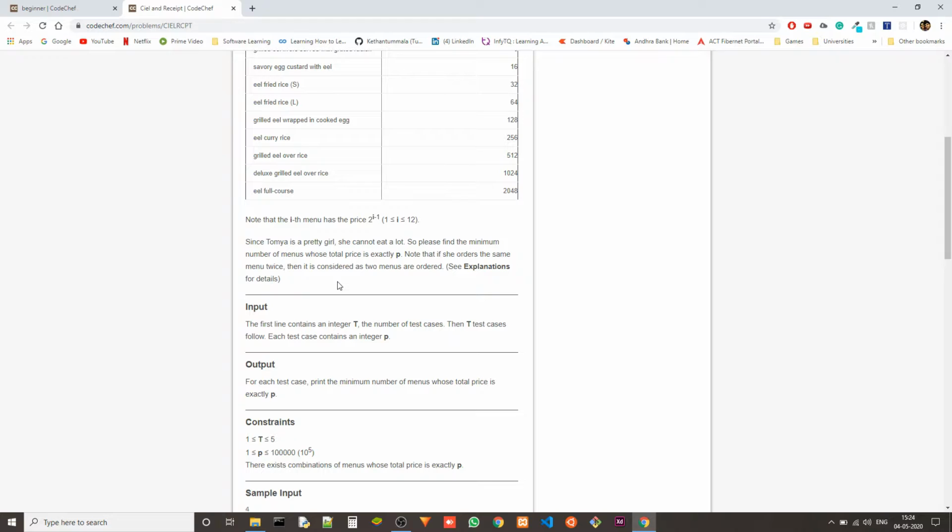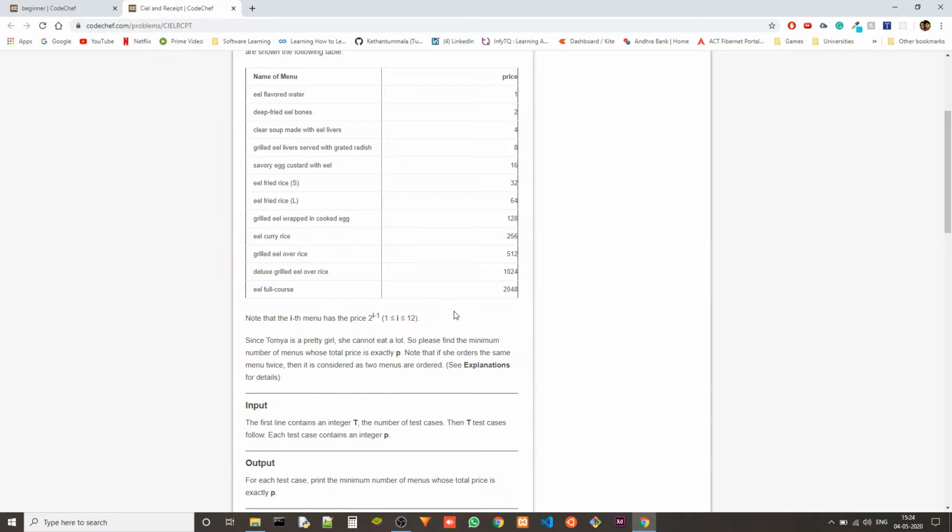Note that if she orders the same menu twice, it is considered as two menus ordered. See explanations for details. So we have to minimize the number of items we choose from the menu so that we can match the price p, but still minimize the number of items we are taking, right?